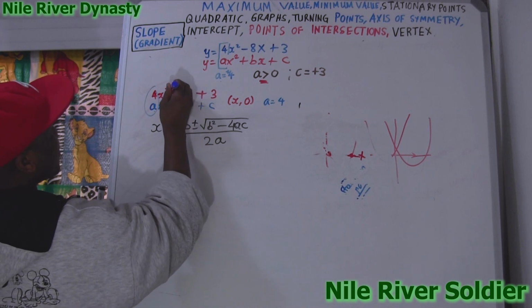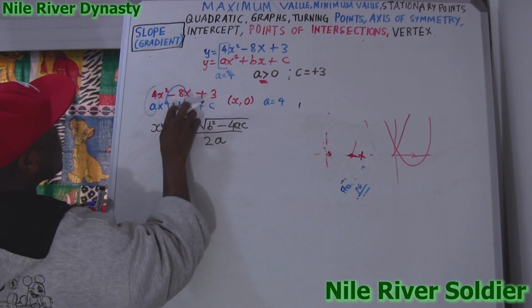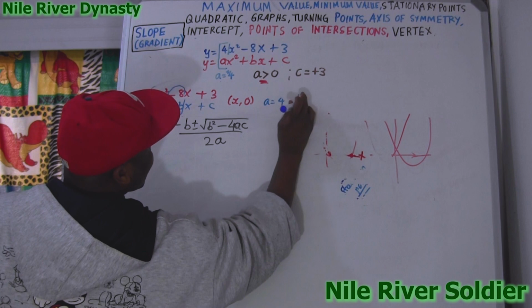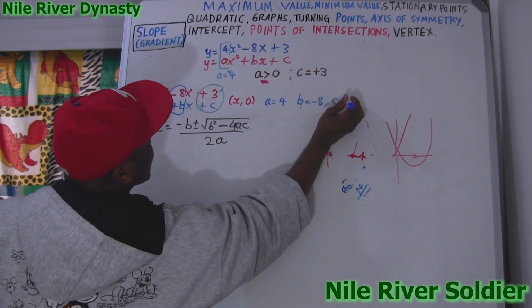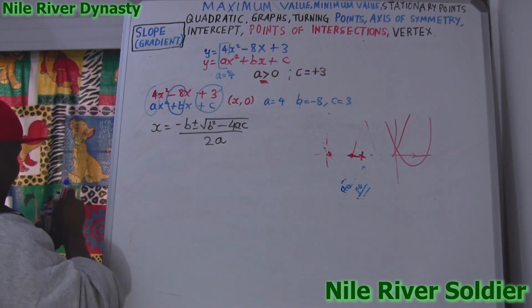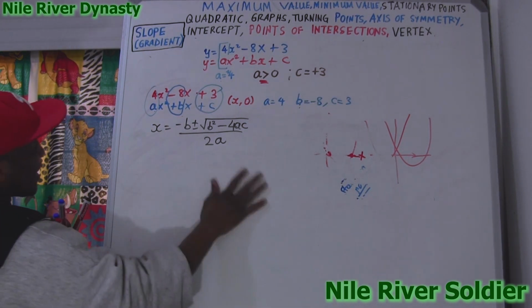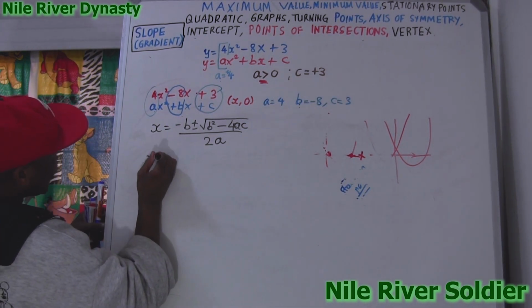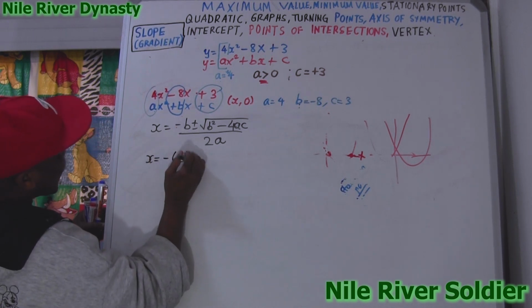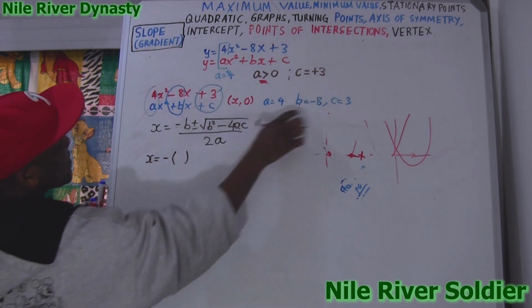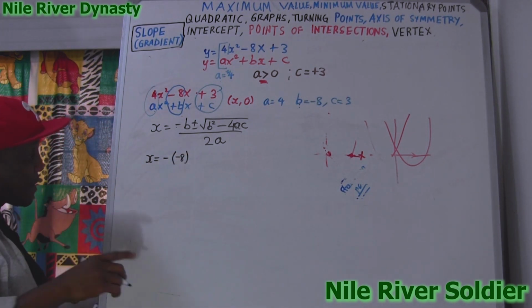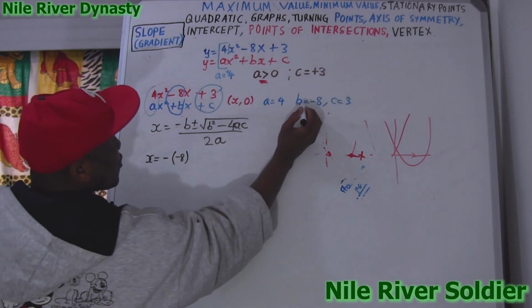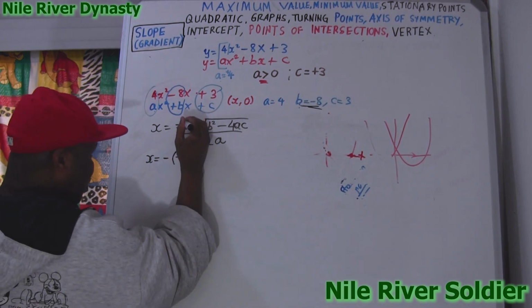B equals negative 8, and c equals 3. Okay, so I'm going to plug it in here. You're going to be very, very careful here. So x equals negative, and put your bracket whenever there's a letter here. What is my b? B equals negative 8. Very careful, write your bracket. Most of the time people forget the bracket, and my b equals negative 8 is going to come, because look, you do it like this.